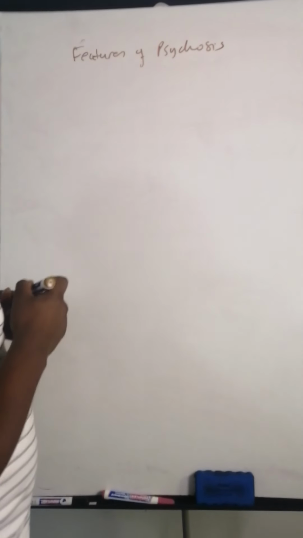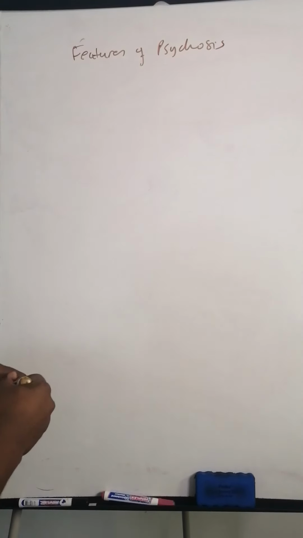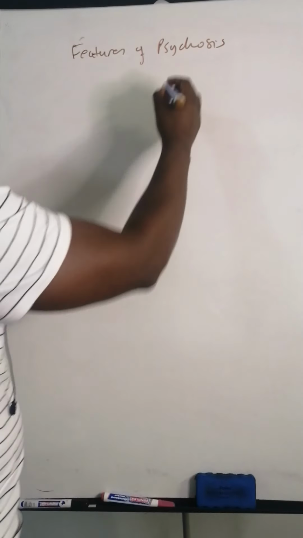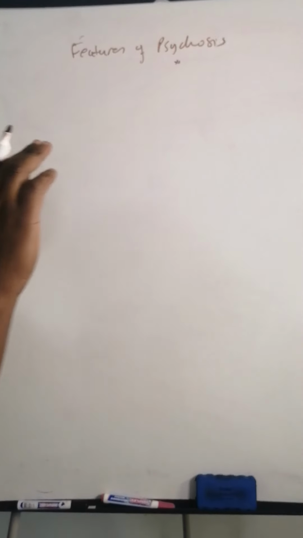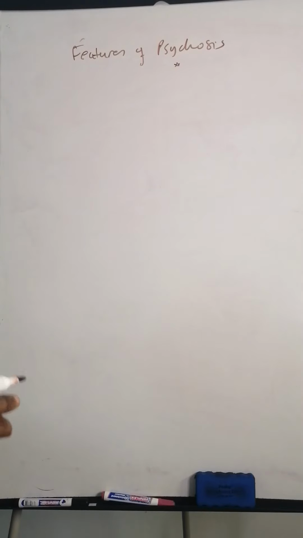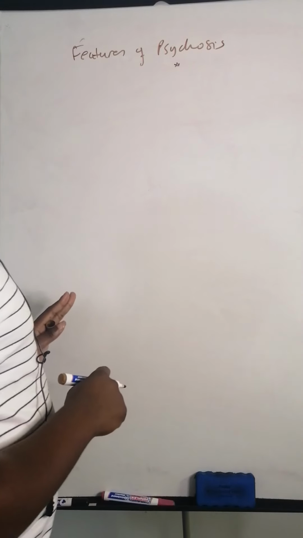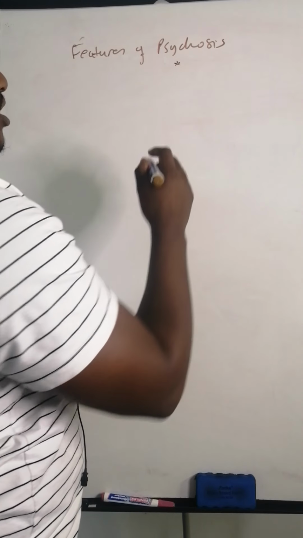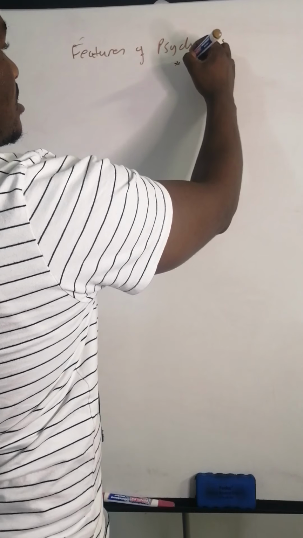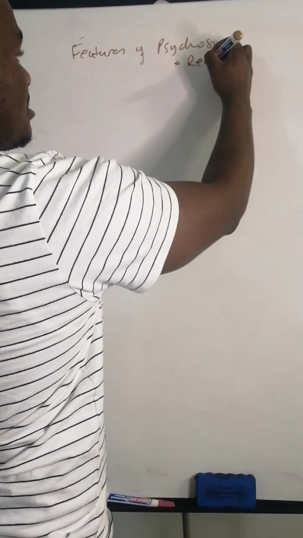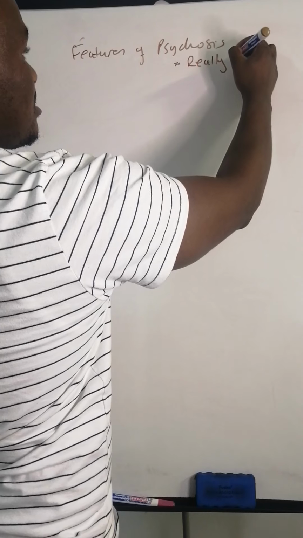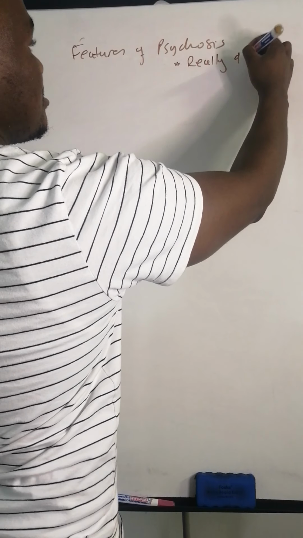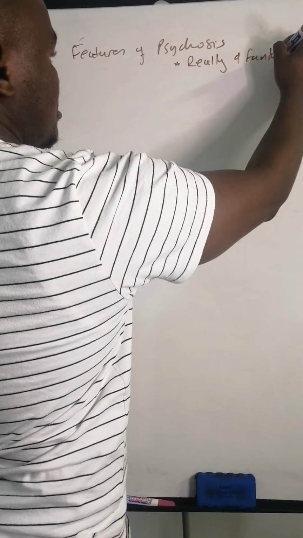So the features of psychosis that we're going to be talking about. So what is psychosis? If we can just describe it carelessly, this is a person who cannot distinguish between reality and fantasy.